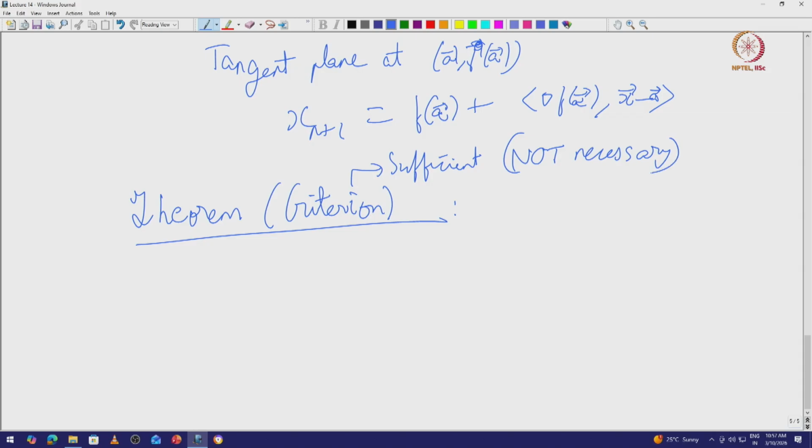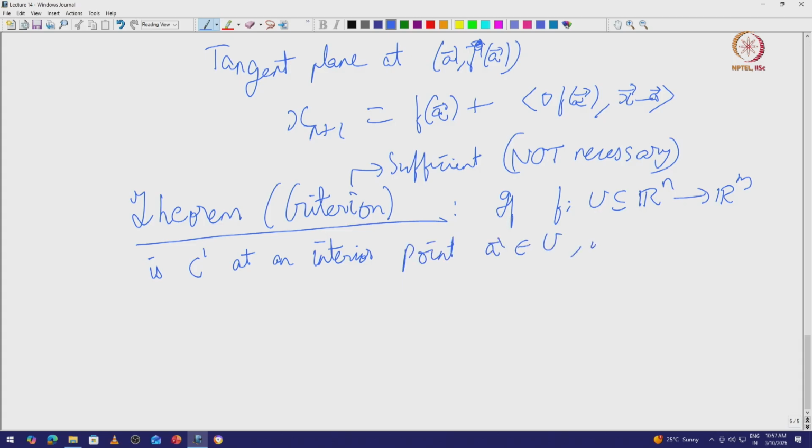Okay. If a function f from U in R^n to R^m is C1 at an interior point a, what does C1 mean?